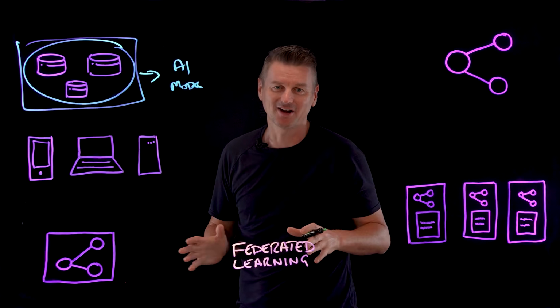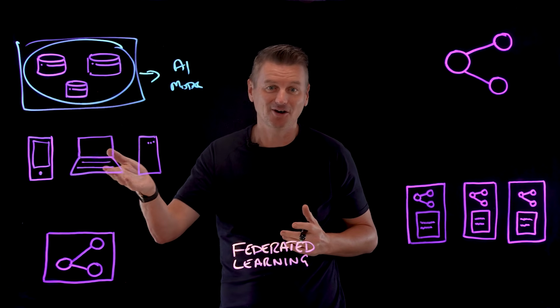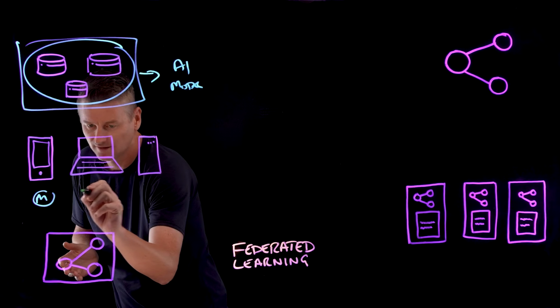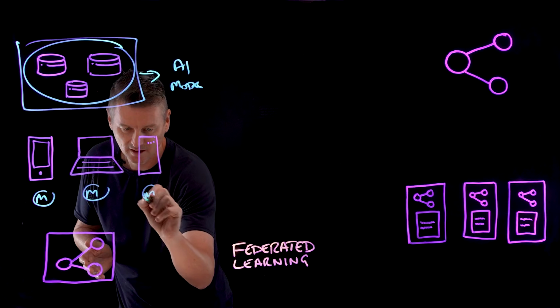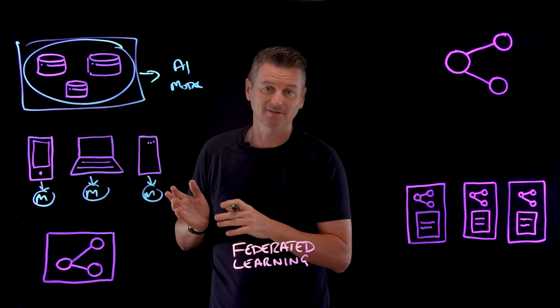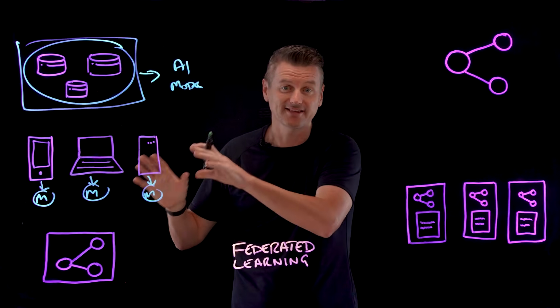So here's how it works. Think of every device, like a smartphone or a laptop or a server, as having its own local version of a model. So each of these are reporting into their own model. And this model learns from the data right there on the device itself.